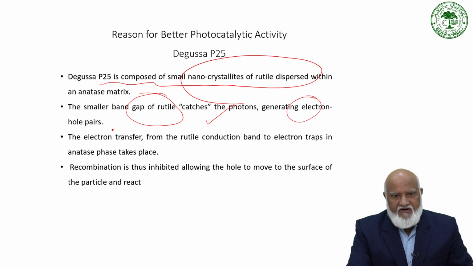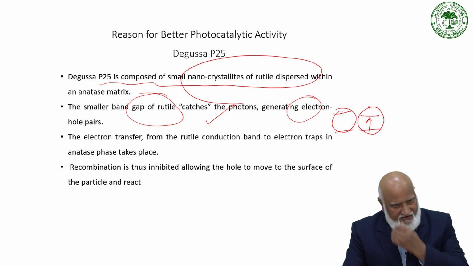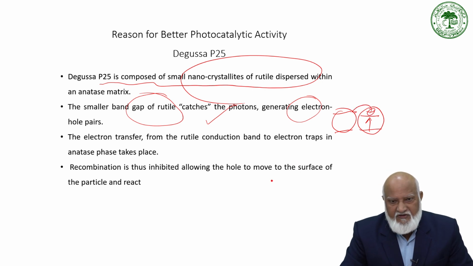The electron is transferred from the rutile conduction band and is trapped by the anatase. So, for example, this is the band gap of rutile and this is the band gap of anatase. So this excites most efficiently because of the smaller band gap, goes to the conduction band, and then it transfers to the anatase, and this back electron transfer is prohibited.